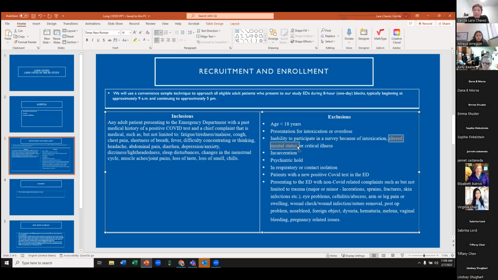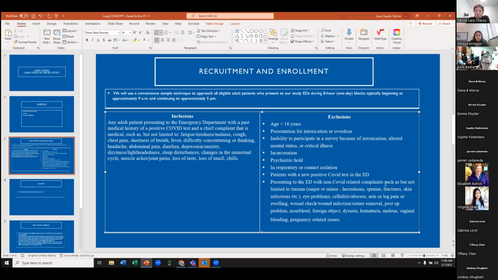Patients with dementia cannot consent to participating. Also if they're incarcerated or they have a psychiatric hold, and this will be like a 5150, or if they're suicidal, anything that has to do with psychiatric. And then if they're in isolation, obviously you wouldn't be able to go inside. If they currently have COVID, that would be another exclusion criteria.